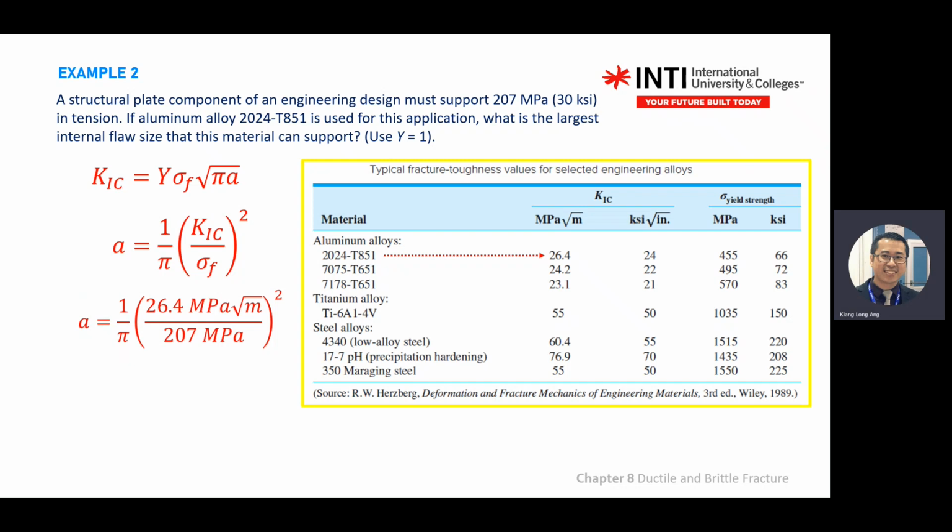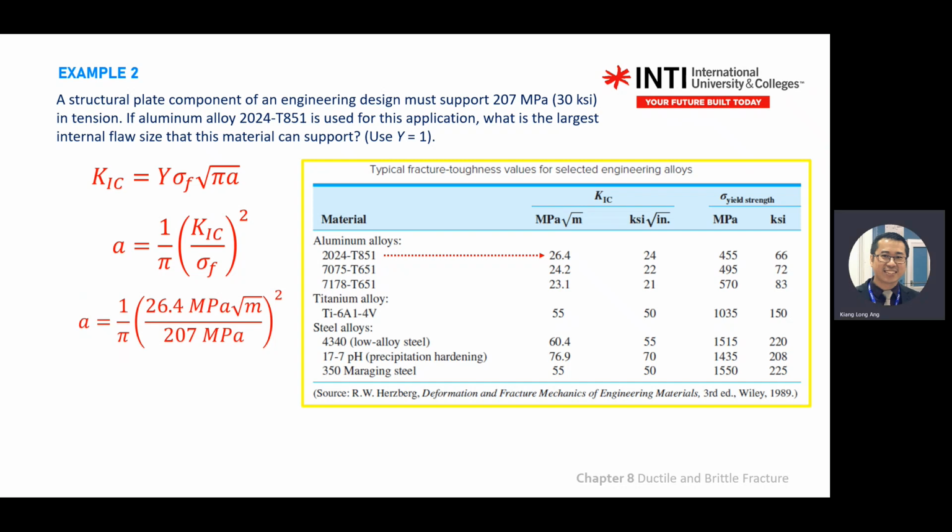In this question, the failure stress is the customer requirement. You have a maximum value that it can support. So here you put the failure stress as 207.